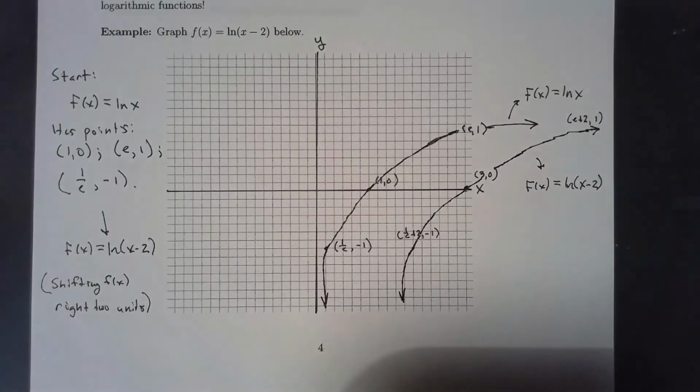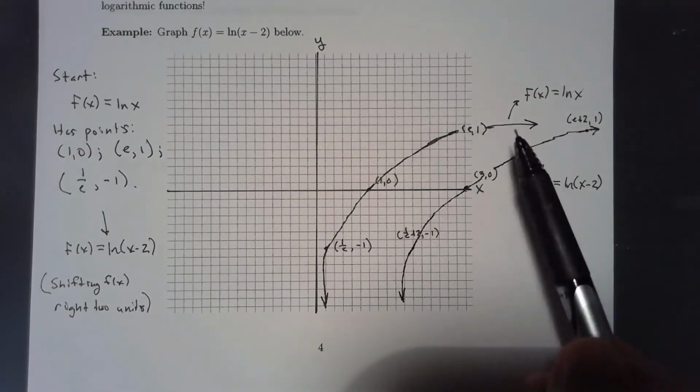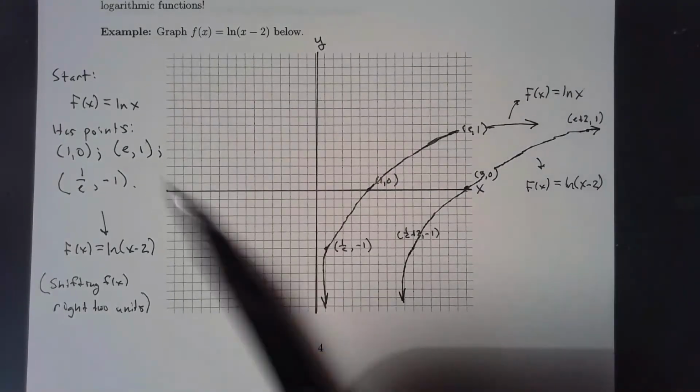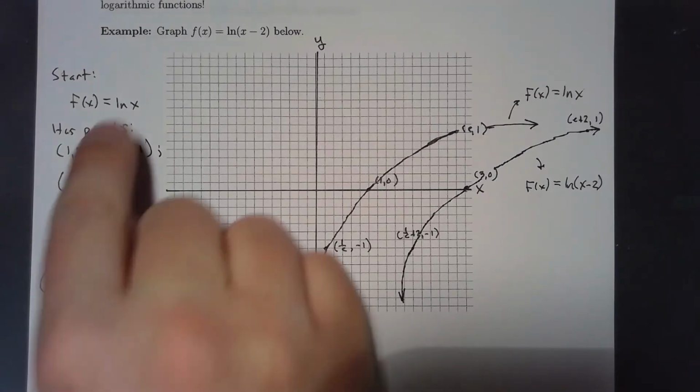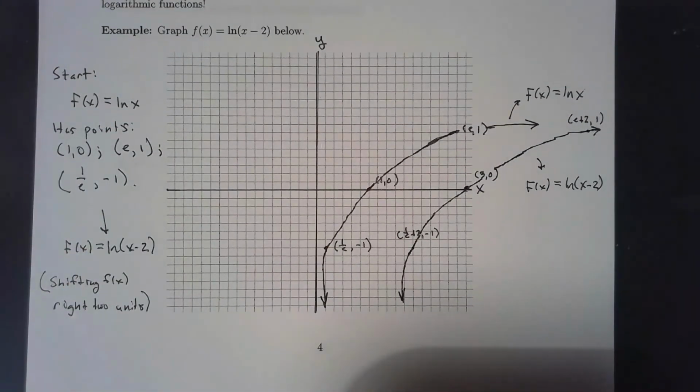Just to give you an idea of natural logarithms: the graph of a natural logarithm is the same as the graph of a log function. But to go from one to the other using the transformations technique that we learned in chapter 3, that's essentially how you would do it. Okay?